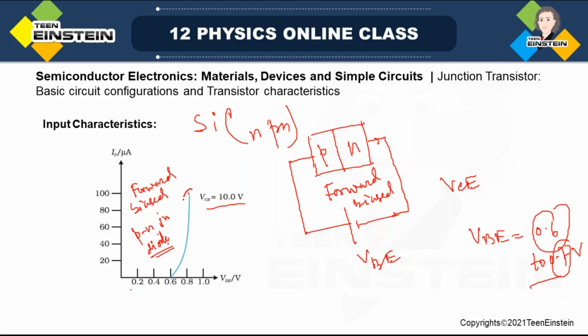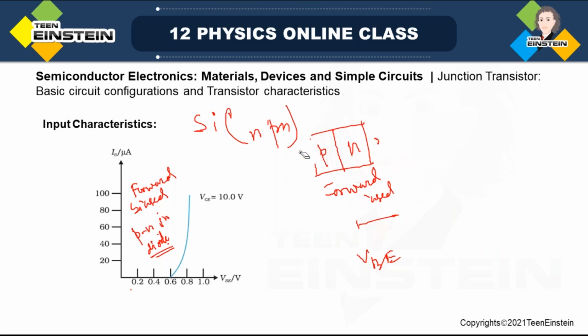So this portion is almost linear. This is the non-linear portion, and when the current is increasing rapidly with the applied voltage, that happens beyond this cut-in voltage of 0.6 volt. At that time we get an almost linear curve at high VBE voltage.